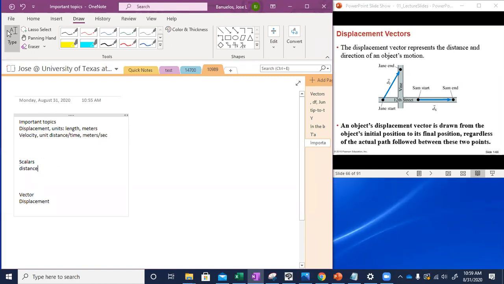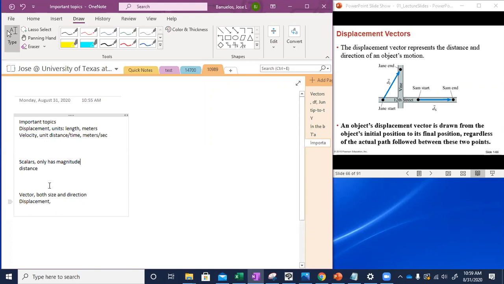Distance doesn't tell you where you're going. Displacement has both magnitude, or size, and direction. That's a general property of vectors, and a scalar is only going to have magnitude.